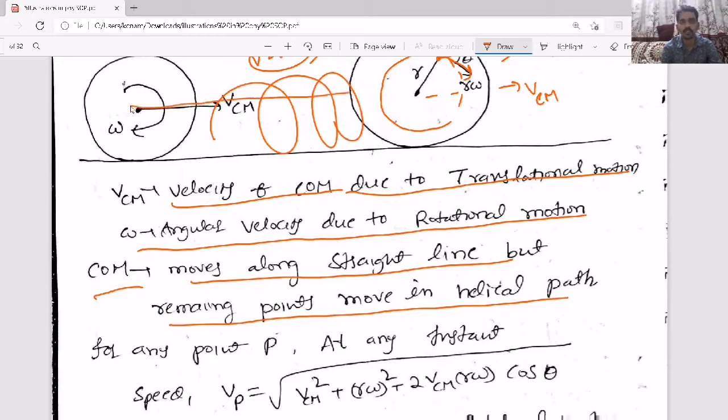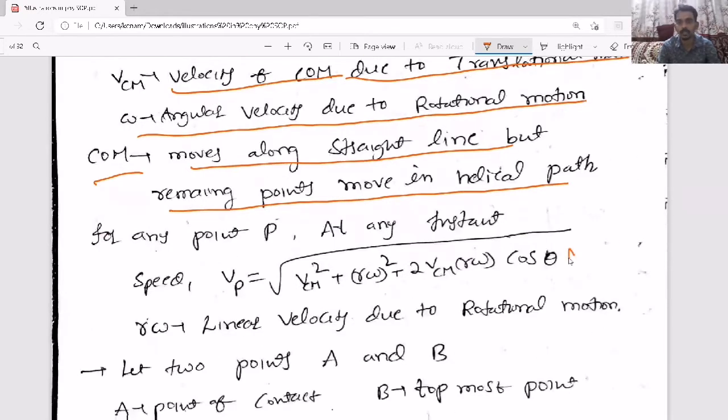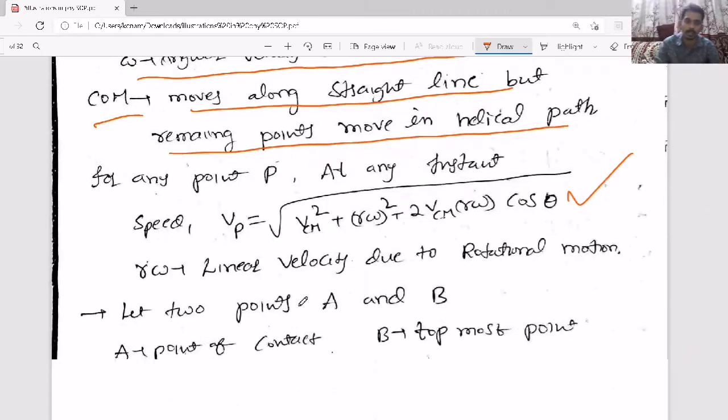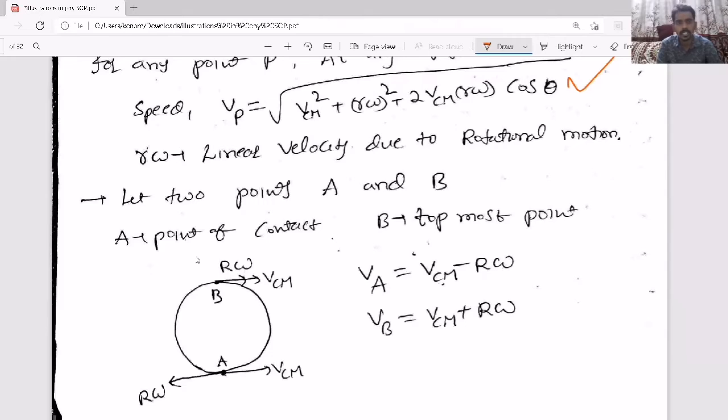Only the center of mass travels along one straight line path because its height will not change. For any particle, the resultant velocity is the resultant of two vectors: square root of a square plus b square plus 2ab cos theta.